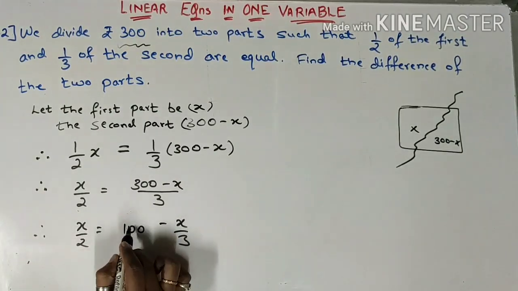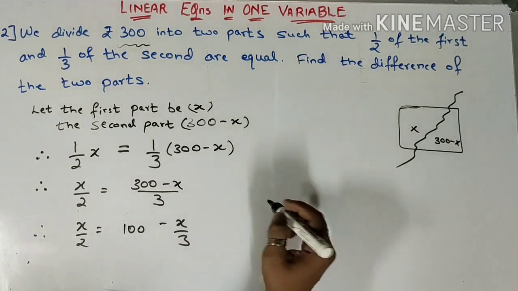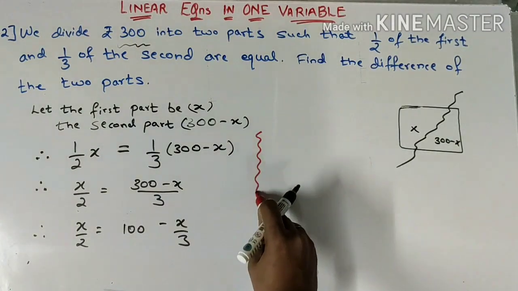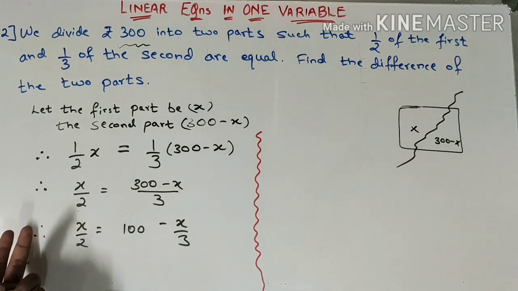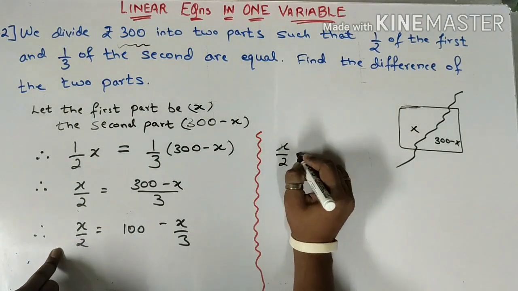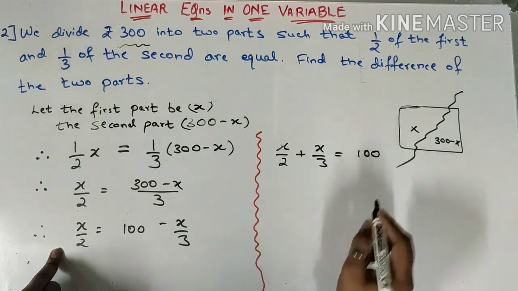Now what is my next aim? To bring all the unknown on one side and the known on the other side. So x by 2, if I want to get rid of minus x by 3 on this side to this side, we'll have x by 2 plus x by 3, which is equal to 100.